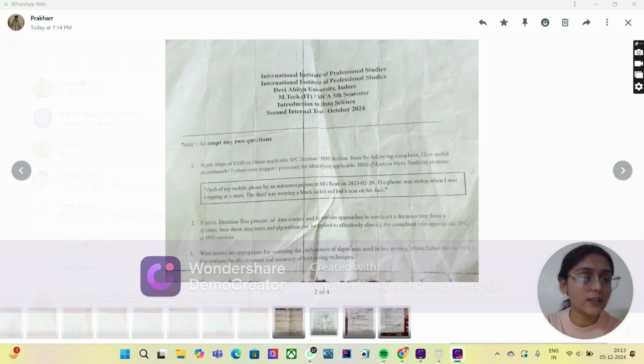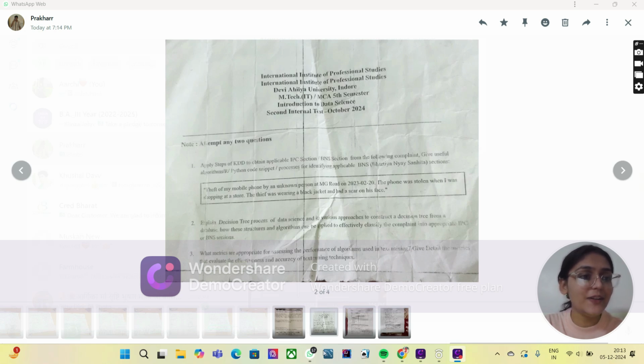Root mean squared error, measures the square root of the average squared difference between predicted and actual values. Mean absolute error, measures the average absolute difference between predicted and actual values. Coefficient of determination, measures the proportion of variance in the dependent variable that is predictable from the independent variables.